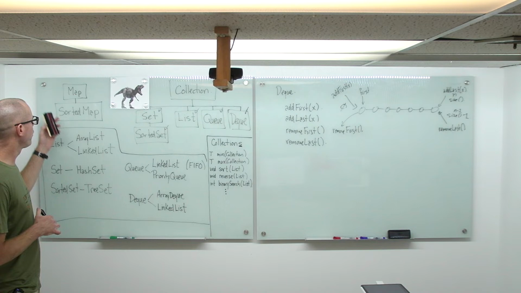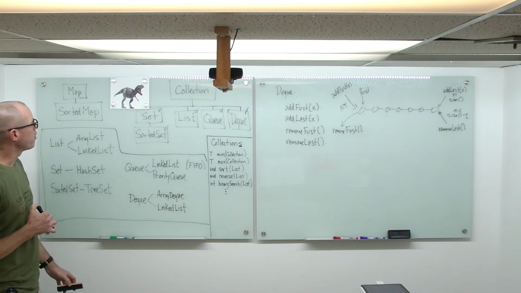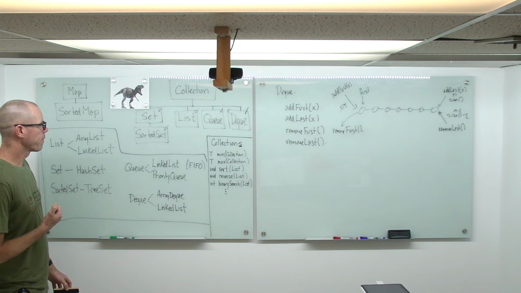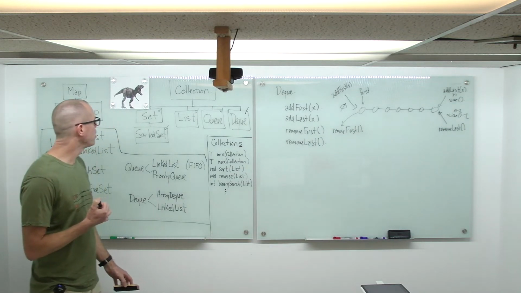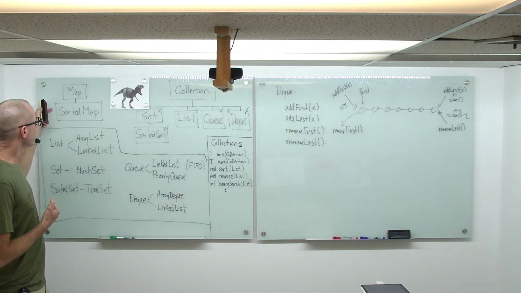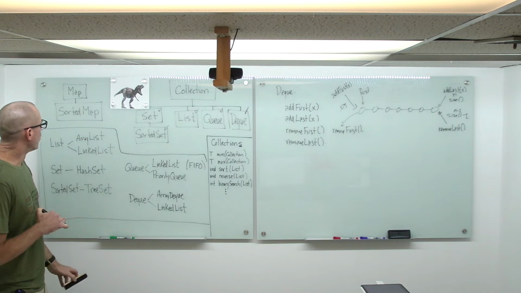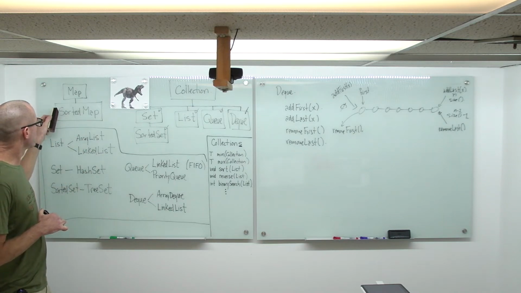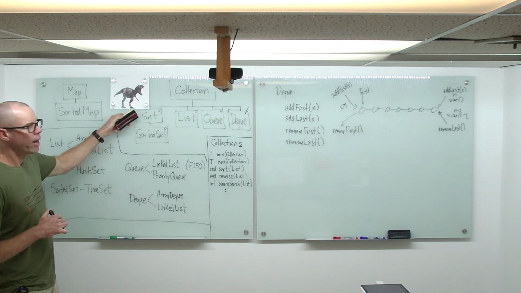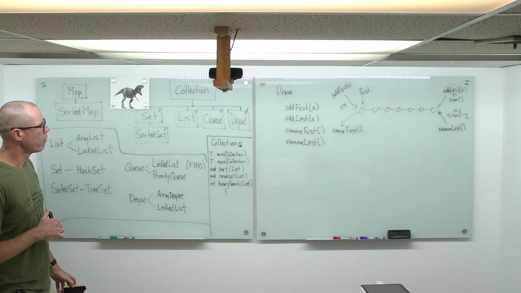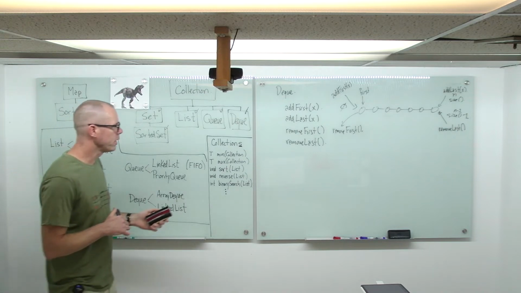And sitting off beside that, because there's no is-a relationship between these things and things over here, are map and sorted map. And if you're observant, you'll notice that map and sorted map sure look a lot like set and sorted set, and that's because these things are very close together.